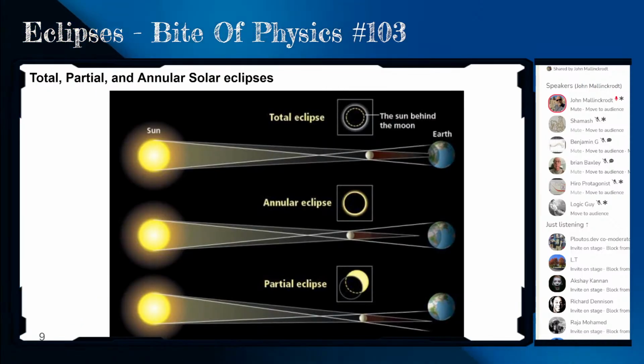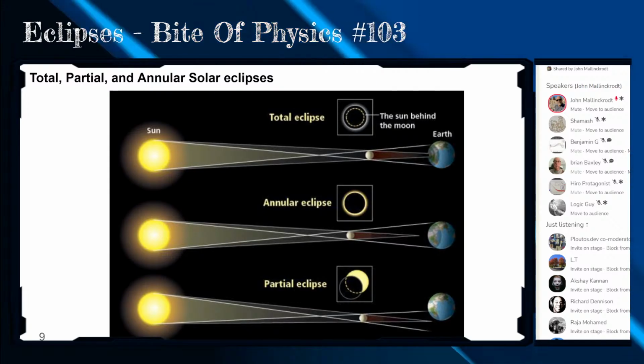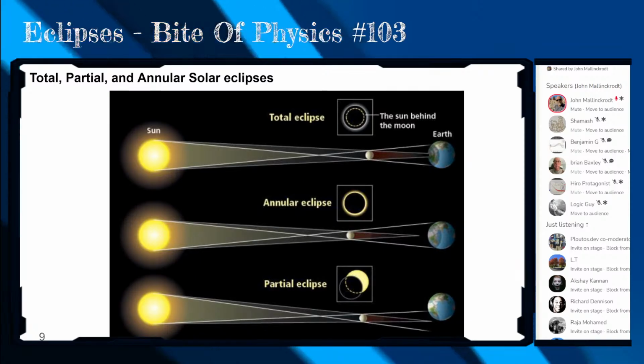And the next page is another slide from the same thing, illustrating the effect of the fact that the umbra of the moon ends just about right at the Earth. The umbra comes to its point right about at the Earth.